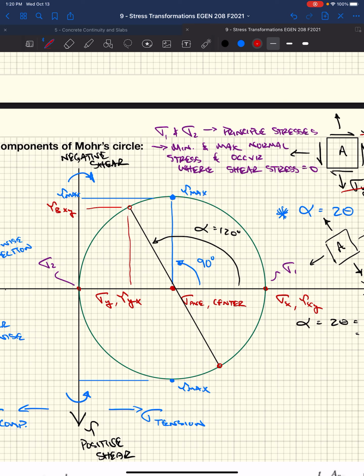This would be our sigma bx. This is our sigma by, and this is our tau byx. Essentially the coordinates of these 2 points now become the stresses on our stress block.